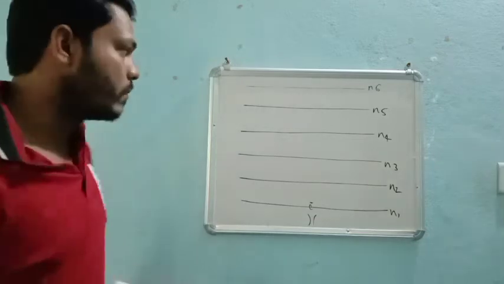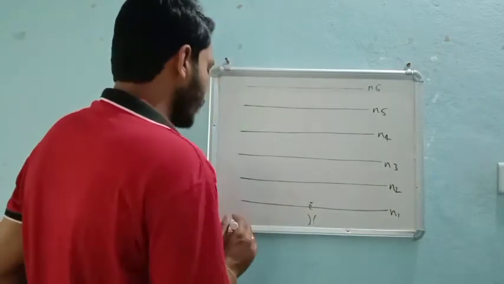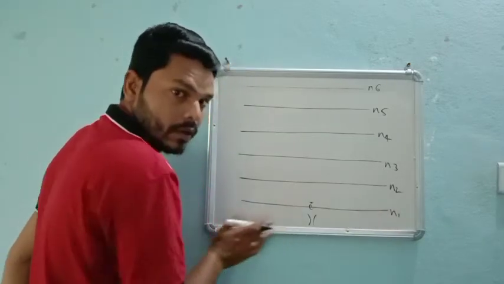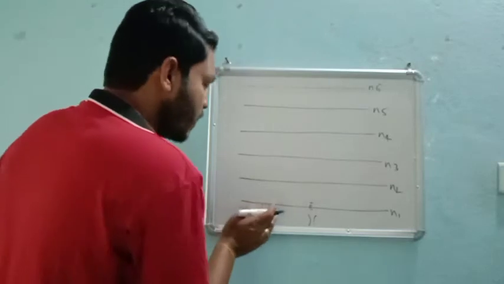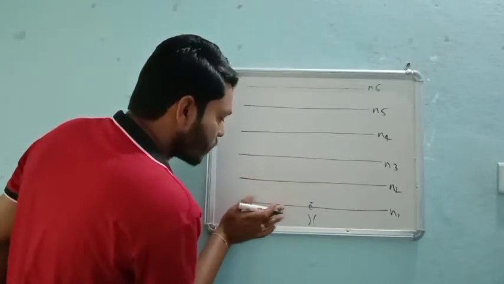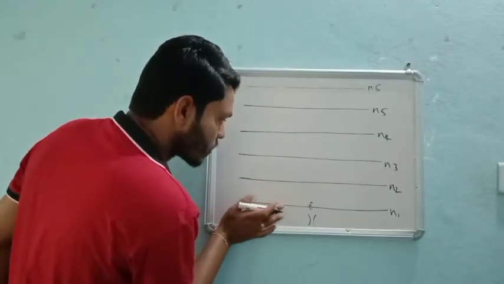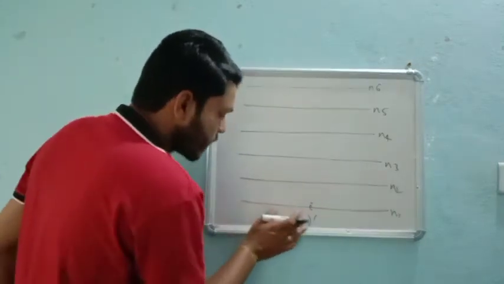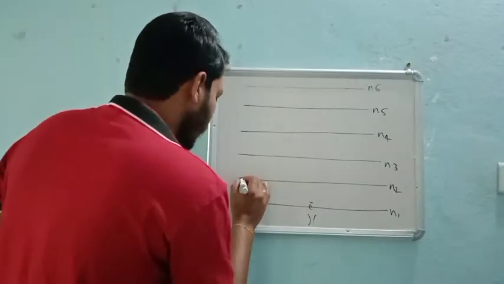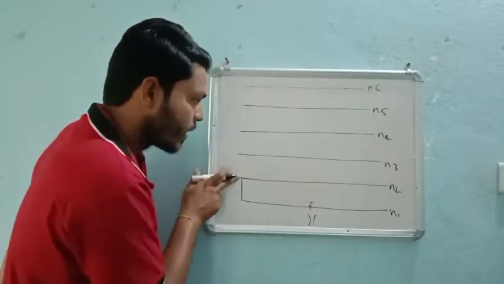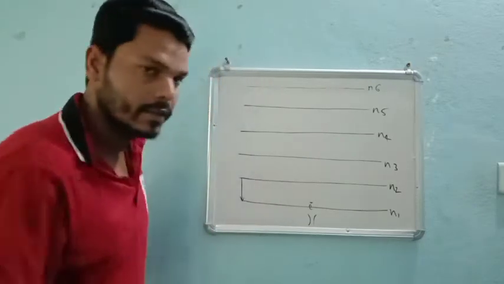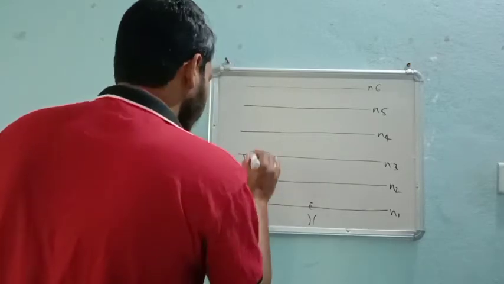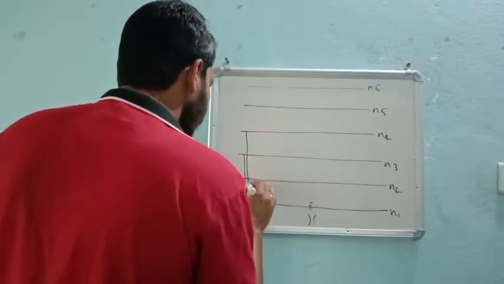According to Lyman, the ground state of the electron is the first energy level, and the electron may jump to the second level and then come back like this, or jump from here to here and come back, or jump to here.